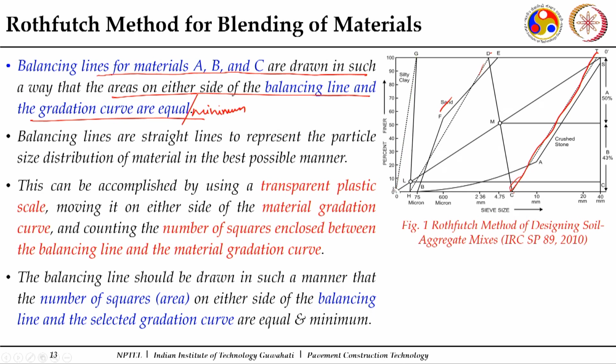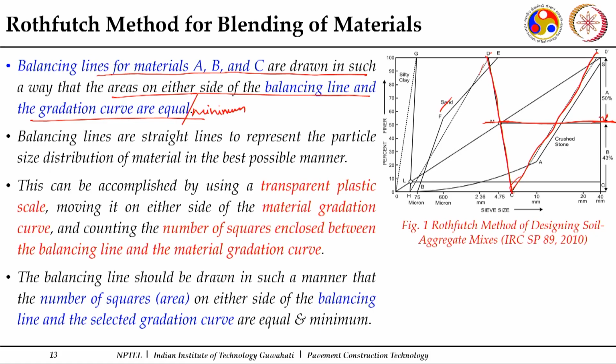Now, once you have these balancing lines drawn for your aggregate gradations, you will join the balancing line of one gradation to the other gradation. Here this one is joined. So, this is for A, this is for B. Now, it is joined here, and where it cuts the diagonal, this is marked in this manner.